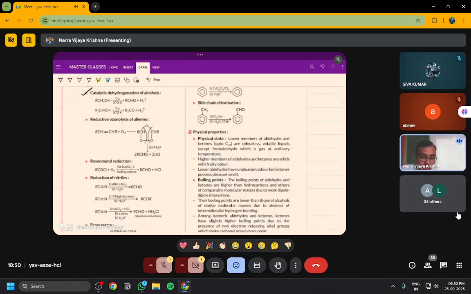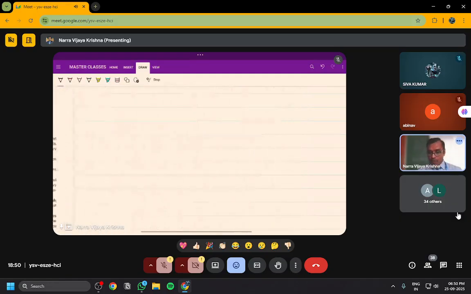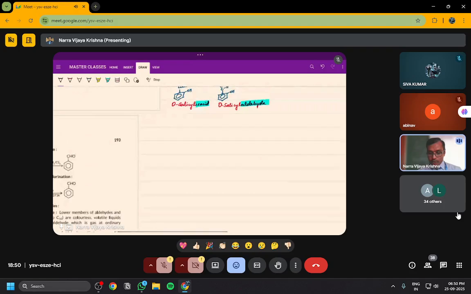Reductive ozonolysis of alkenes. Next topic. What do you mean by reductive ozonolysis?